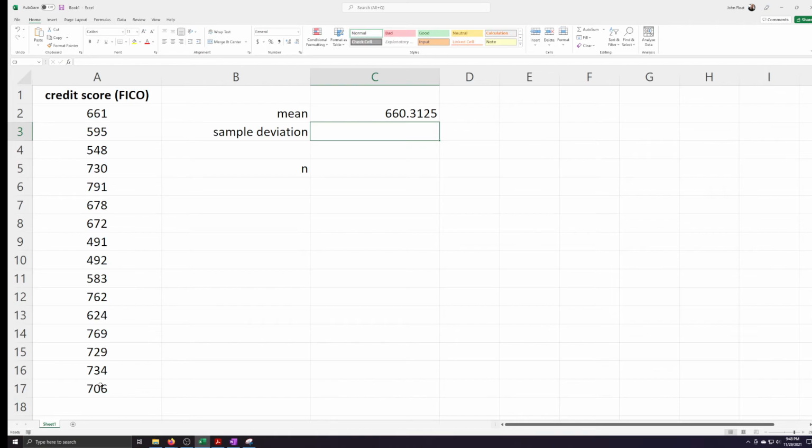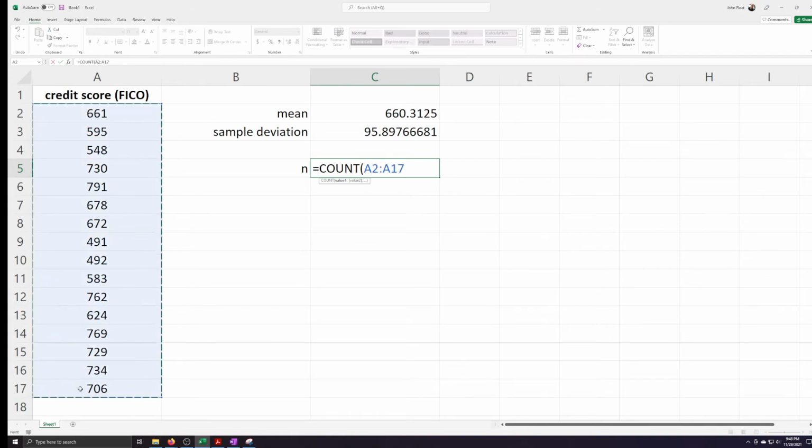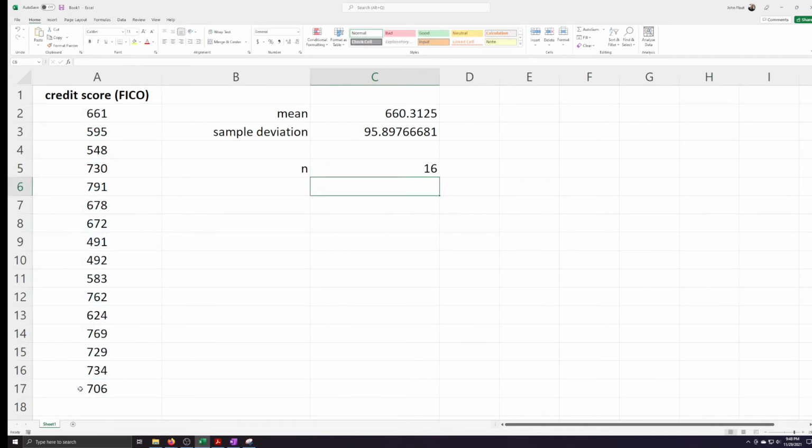So the mean credit score is 660.31 with a sample deviation of 95.89, and the number of samples here is going to be 16. Perfect.